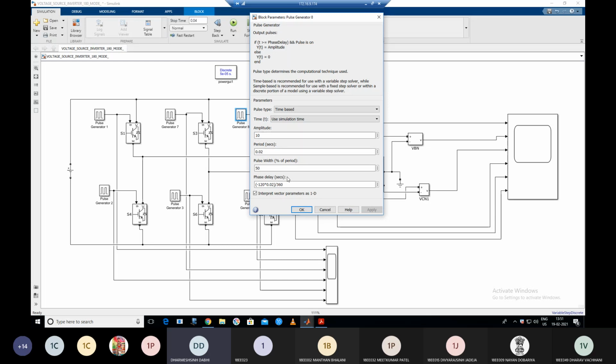No, it is not minus 120. Think about it. Minus 60. Where does it start? Switch number 5. 240. Then where is it off? 360. So in the next cycle, is there any duration of the previous cycle? No, 240.